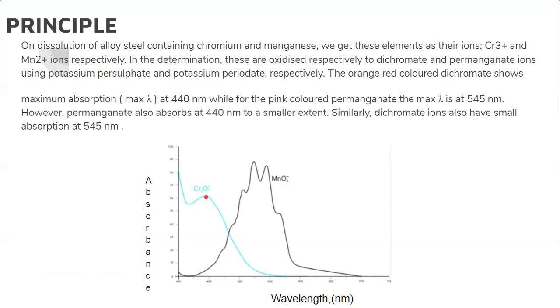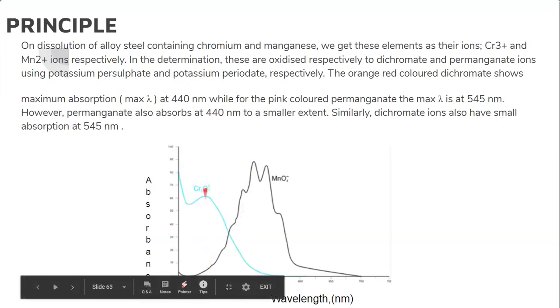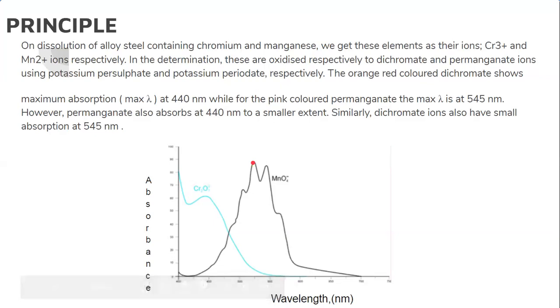Likewise, vice versa, chromium shows the maximum absorbance at 440 nanometers as well as some absorbance at 545 nanometers. So these two ions show absorption at both 440 and 545 nanometers. But lambda max for chromium is 440 nanometers, and Mn plus 7, or permanganate ion, shows the maximum absorbance at 545 nanometers.